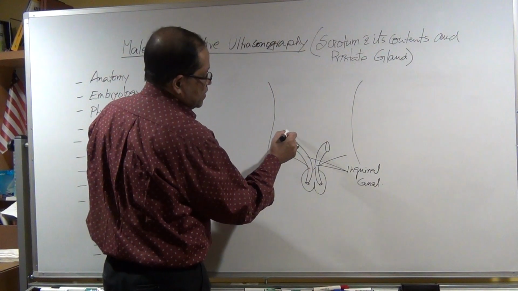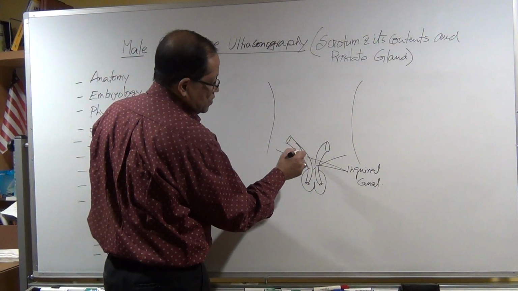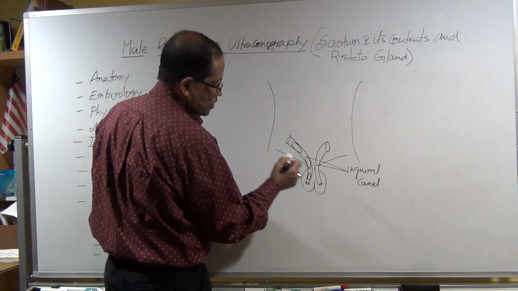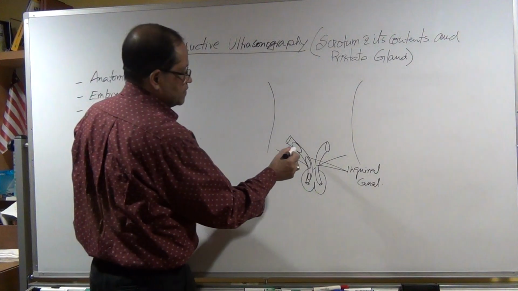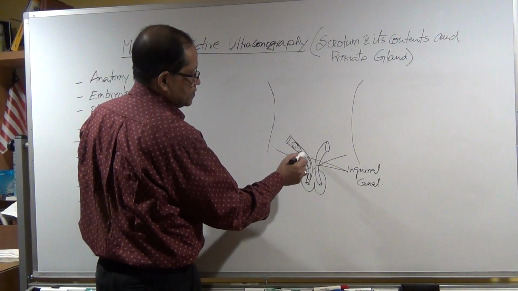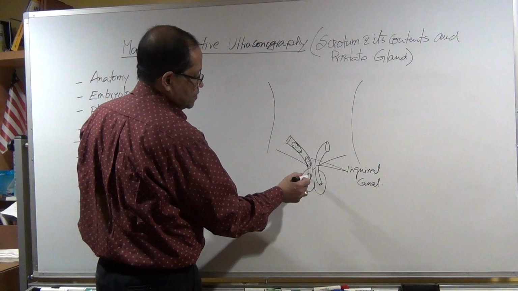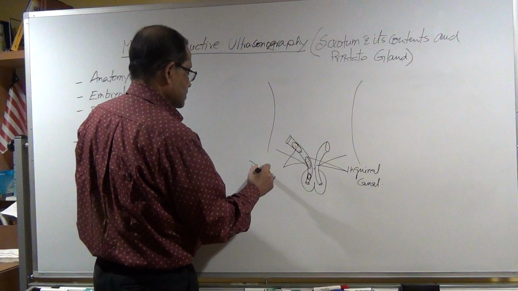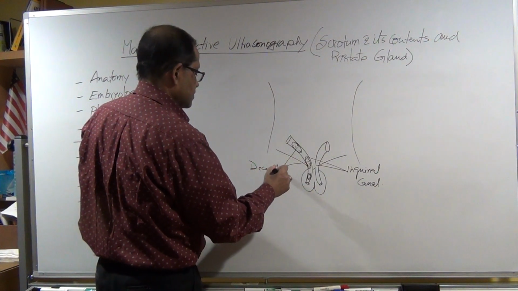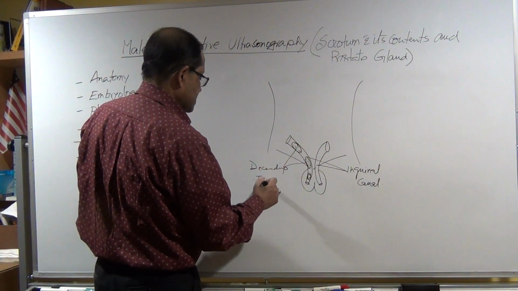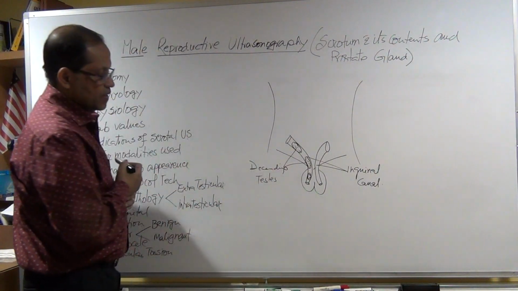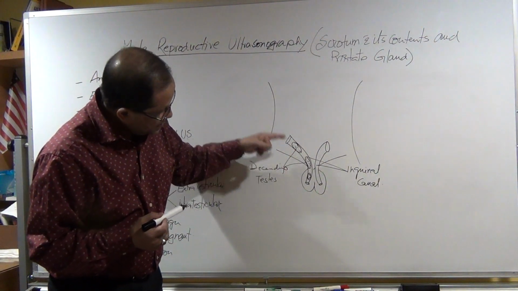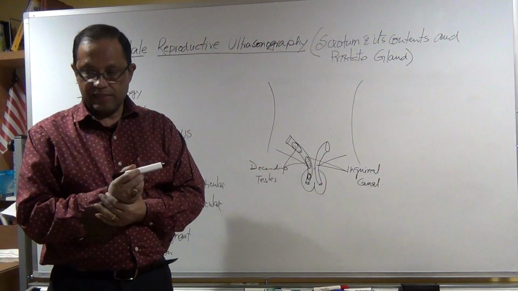The testis will come down through the inguinal canal into the scrotum. Descending testis. The testis can be arrested in the pelvic cavity, testis can be arrested in the inguinal canal.